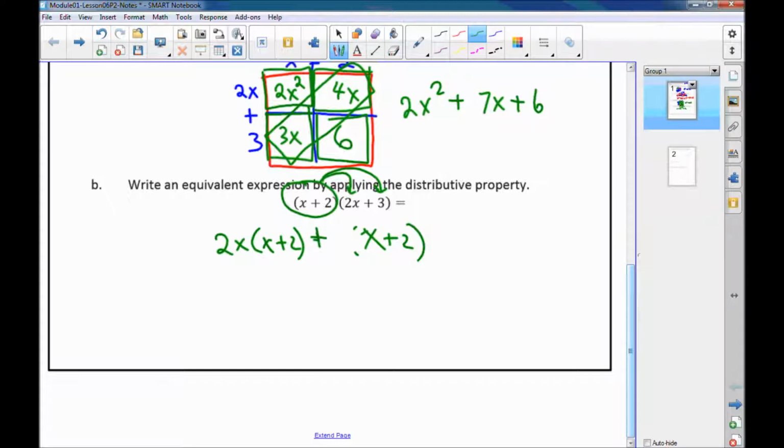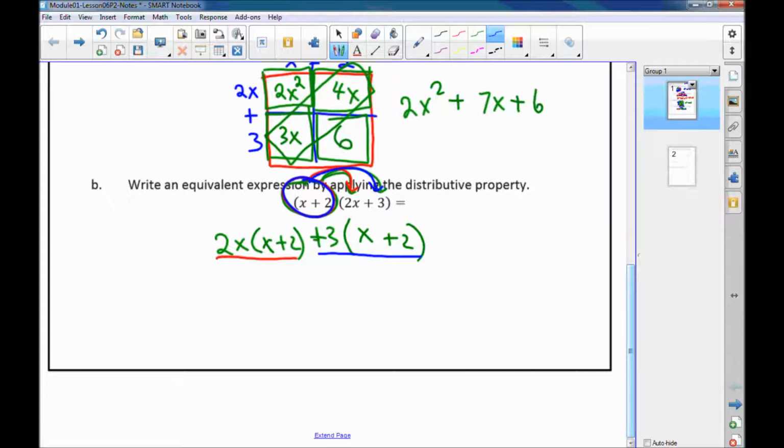So plus 3 times x plus 2. Okay, so we took the x plus 2 and we multiplied it by 2x. That's this part. And then we took the x plus 2 and we multiplied it by positive 3. And that's this part.